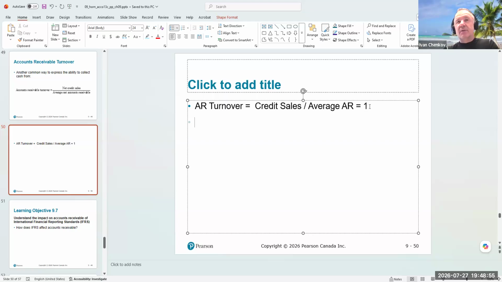Then we have to see the days that stay in accounts receivables. Days in accounts receivables will be equal to 365 divided by accounts receivables turnover.